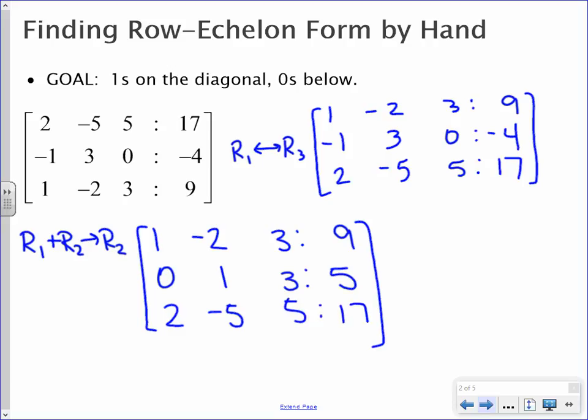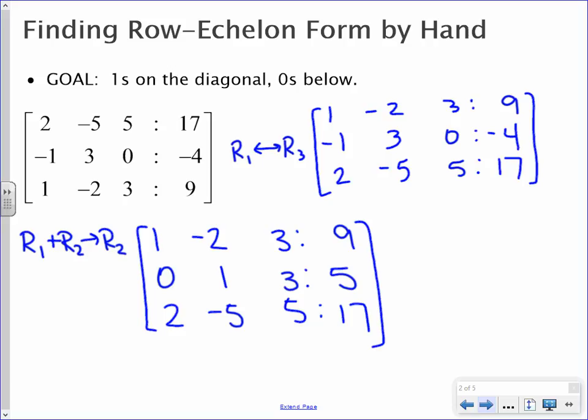I know you trust me, but sometimes I do add incorrectly. Well, this is nice, isn't it? Row 2 is taken care of because it's 0, 1. Now we need to focus on row 3. We need row 3 to be 0, 0, 1.